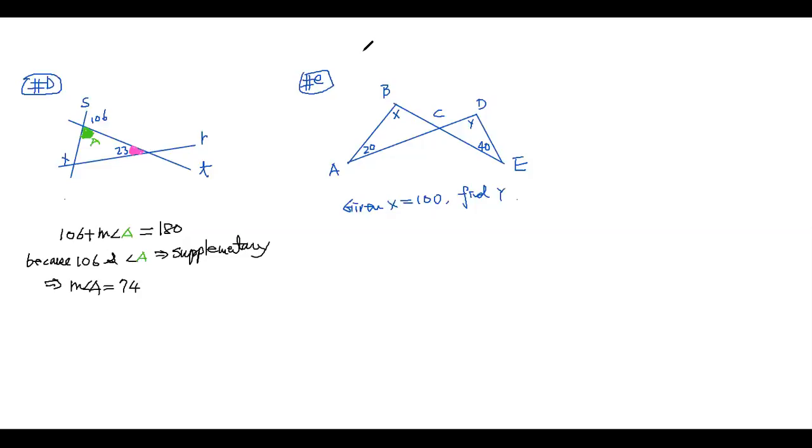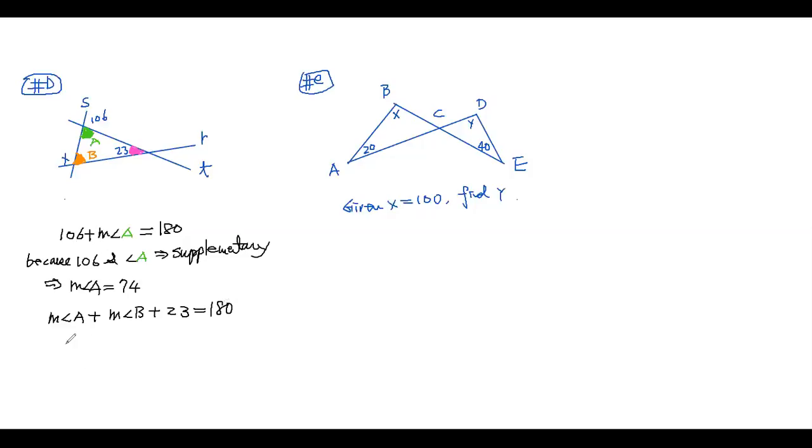Now let's take a look again. What happened to this angle here, the orange one? I will call it angle B. You see these three angles, purple, green, and orange. So angle A plus angle B plus 23, because when you add all the angles together, it's 180.